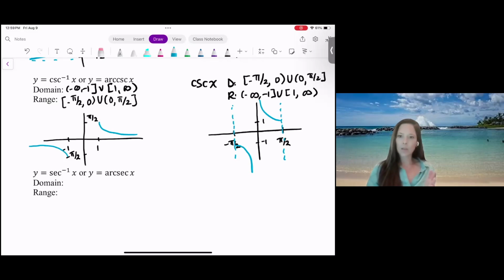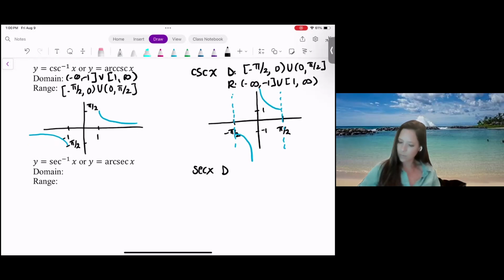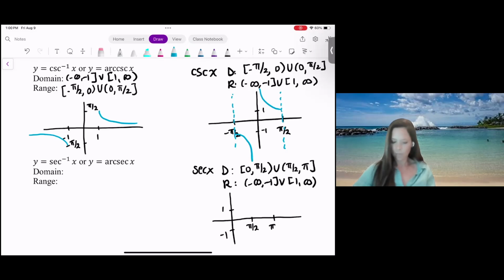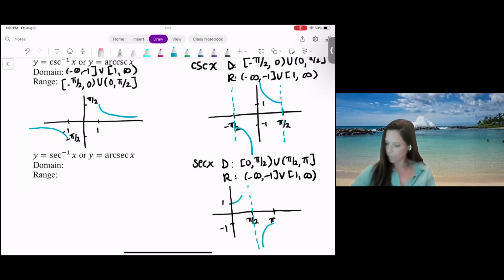Secant's going to look similar because cosine looks similar to sine. There was an asymptote at pi over 2, and the values from negative 1 to 1 on the range were restricted, which means that's going to happen in our domain.